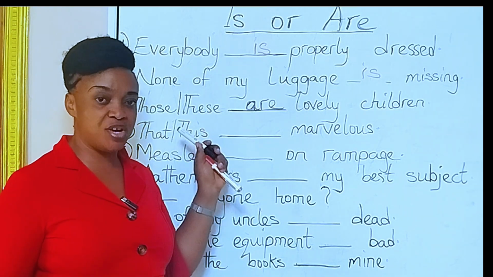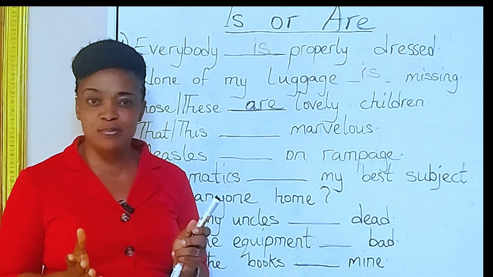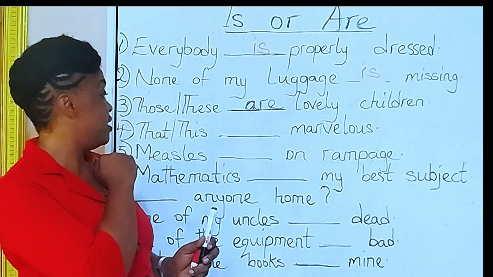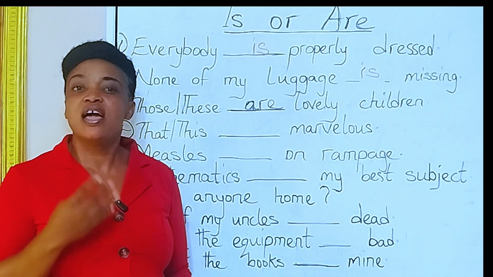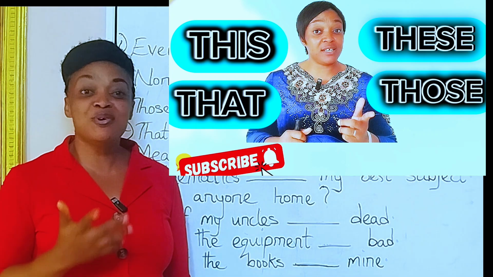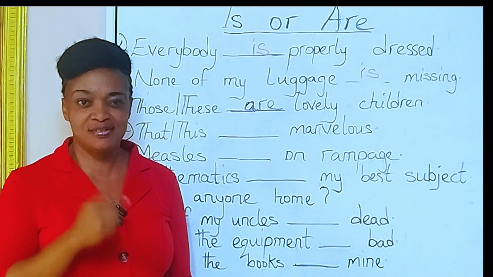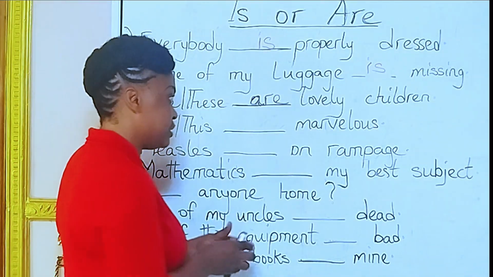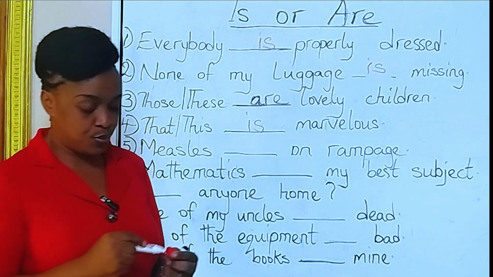They are called demonstratives, pointers. And if probably you still have problem with these 4, those, these, that, and this, demonstratives, I've done a video on that. Do well to watch the video and clear those confusions. Alright, that or this is marvelous. Beautiful.